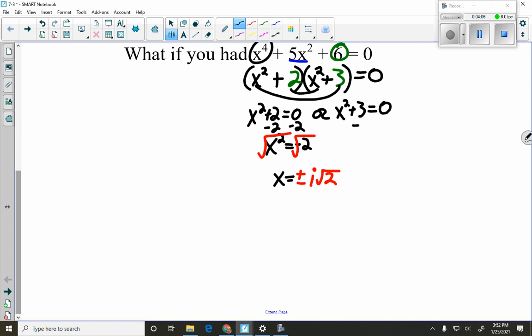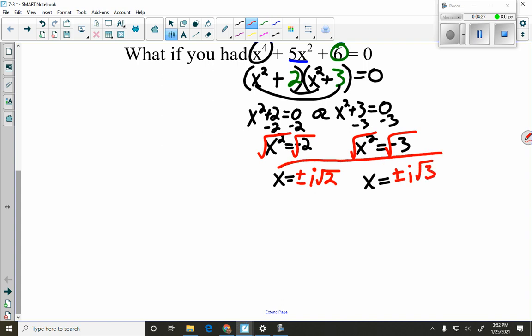Same thing over here. What if I minus 3 to both sides? So x squared equals negative 3. We're going to square root both sides, and it's a negative inside of a square root, so we're not going to have a real solution. There are no real solutions. We're going to have i square root of 3.